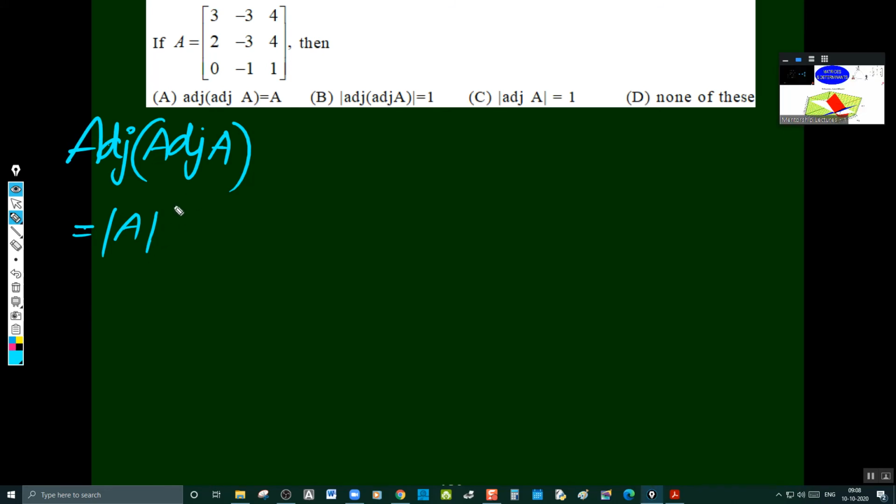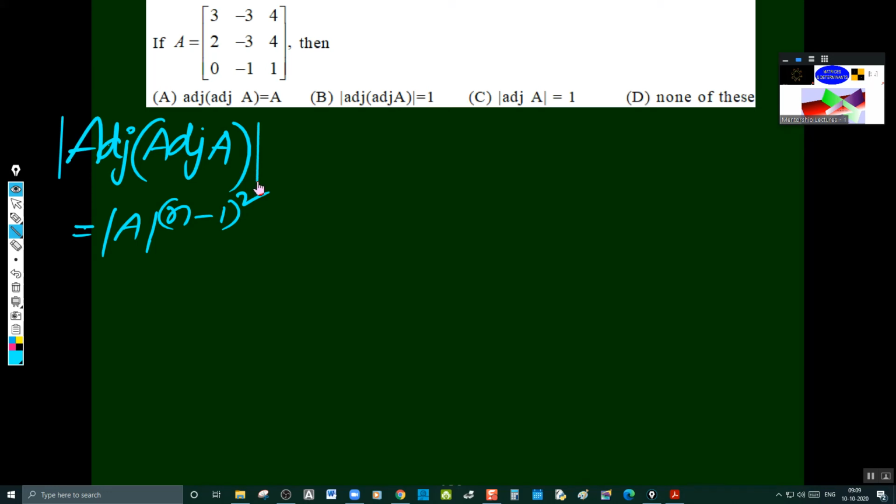And one more thing: adjoint of adjoint A, you have a formula, that it is det A whole power n minus 1 whole square into A. Do you know this formula or not? Yes, sir. So for adjoint of adjoint A, if you take the determinant, the determinant of adjoint A is det A power n minus 1 whole square.